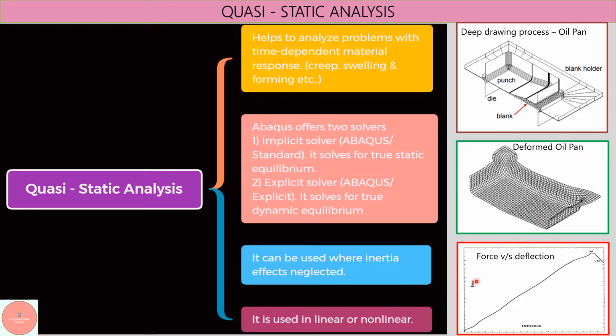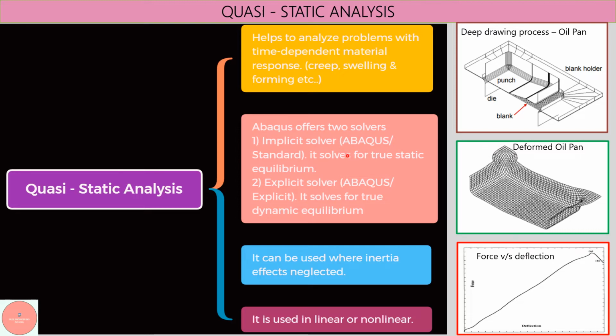If you consider force versus deflection, you will get continuously varying forces as the punching machine moves down. This is the type of example which comes under quasi-static analysis, where we neglect the inertia and the damping effect.